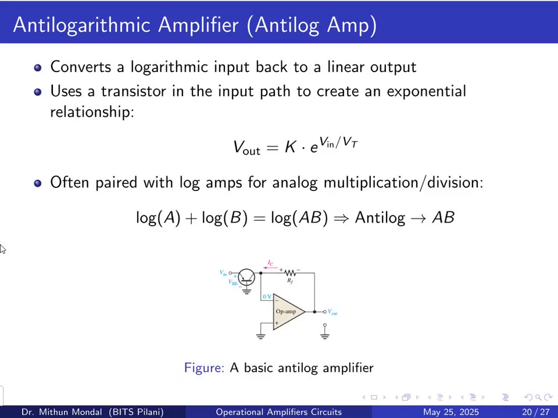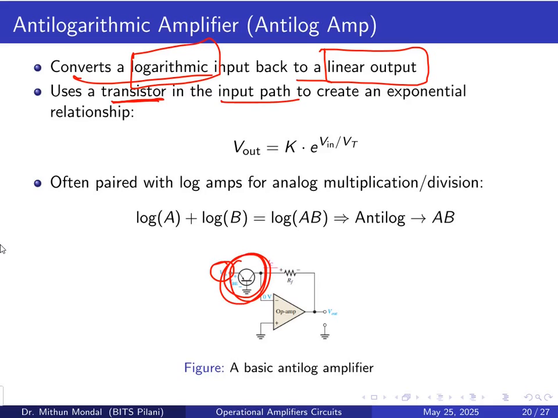The anti-log amplifier, which is the reciprocal of the logarithmic amplifier, converts a logarithmic input and gives back a linear output. So the input that we give is in the form of a logarithm. And here the transistor or BJT is used in the input path. If you see the input path, we are connecting the transistor and it will create an exponential relationship at the output. So the output we get is basically having an exponential factor.